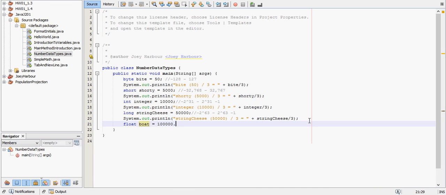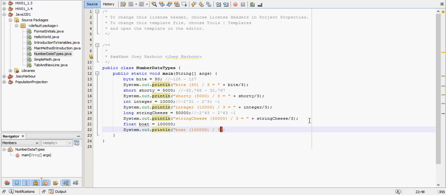We'll just go with 100,000, and then we'll call the float vote, 100,000 divided by 3. If you'll notice, this one actually will give me a decimal. So vote over 3.